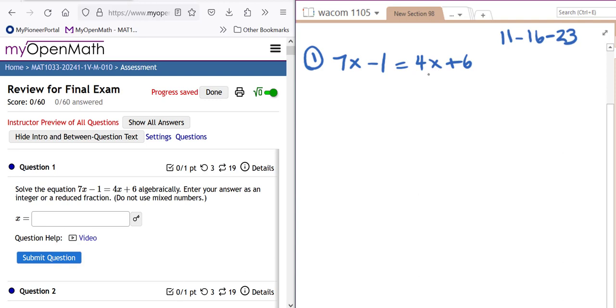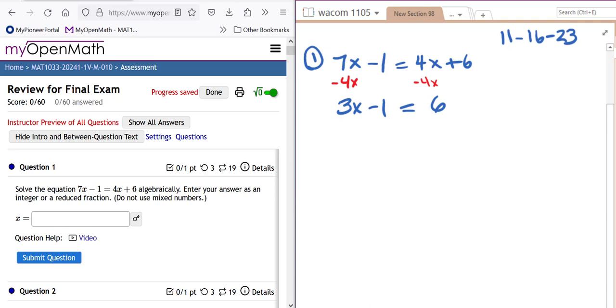Right, so you have x on both sides. You would want to notice that. You want to get rid of one of those terms. So I'm going to subtract 4x. And that gives you 3x minus 1 equals 6.